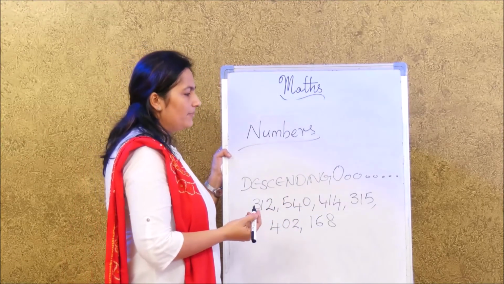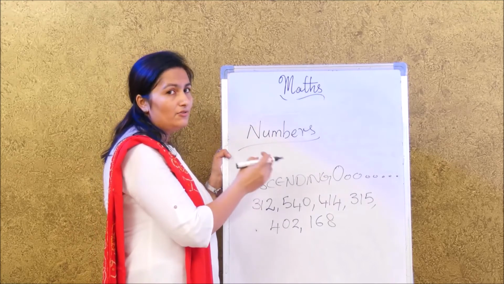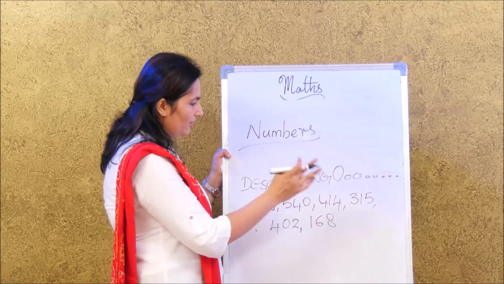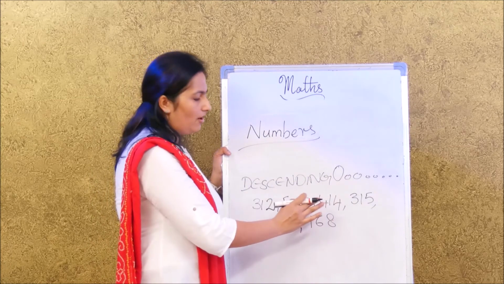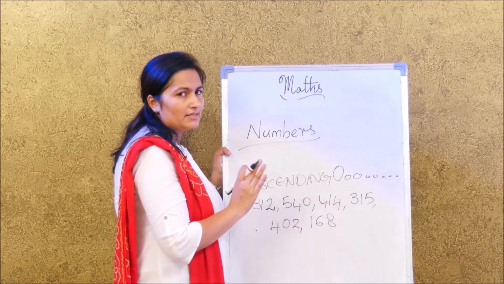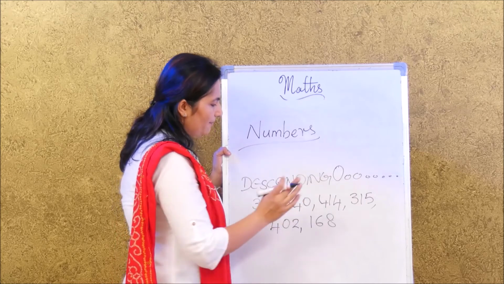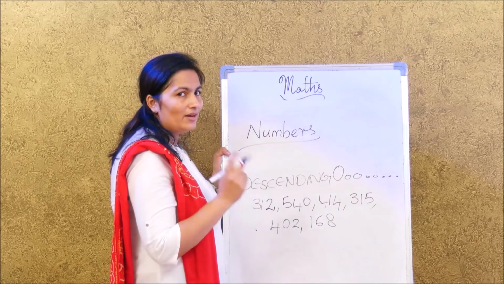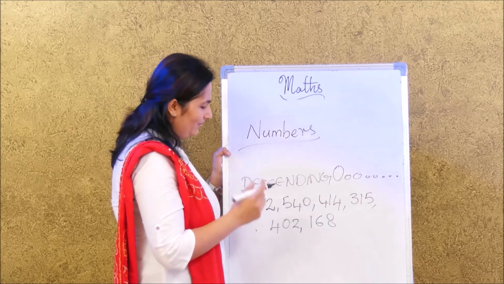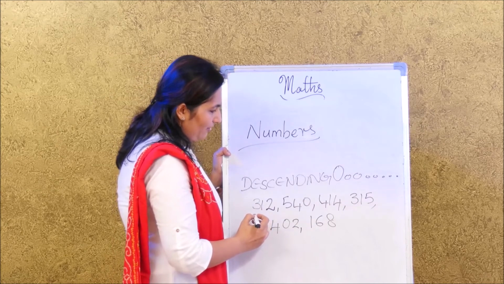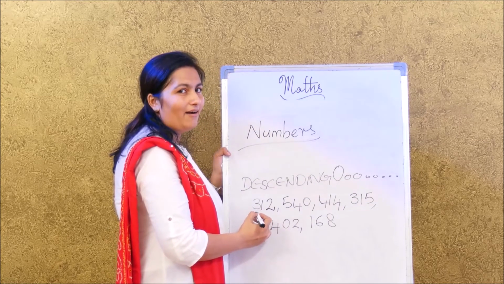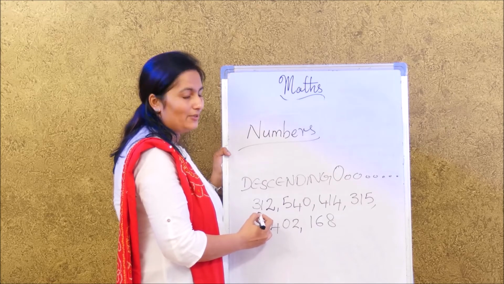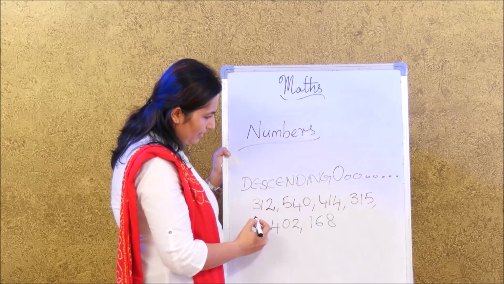So, let us see how to go from big to small. Let us see what are the numbers. They are all 3-digit numbers, not one lesser digit number. So, they are all the same. Then we will follow our technique 2. Okay? We will look at the digits in the hundreds place value. Okay? Let us look at it.